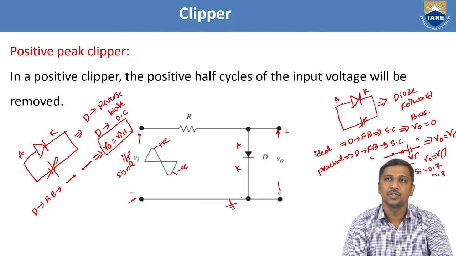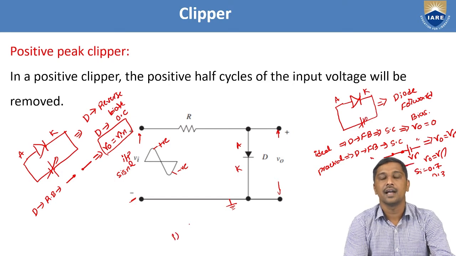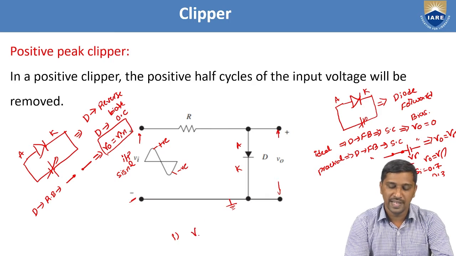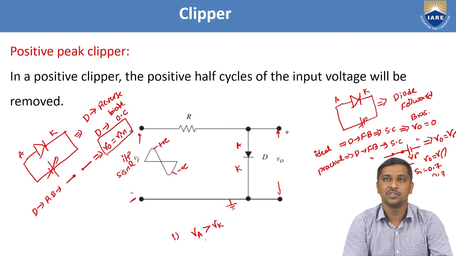And remember one more point: from these two analyses, under forward bias and reverse bias, we should assume the anode voltage VA and the cathode voltage VK.